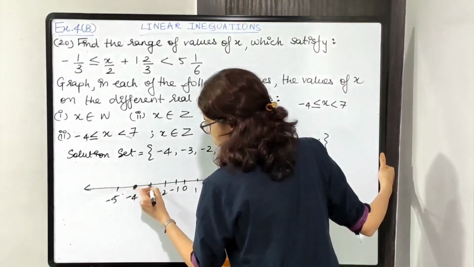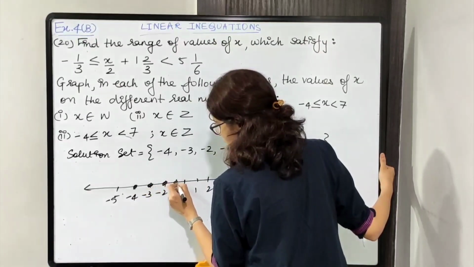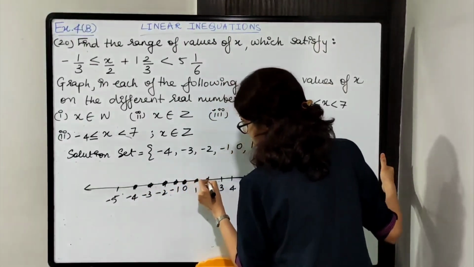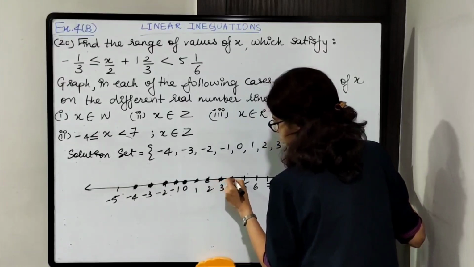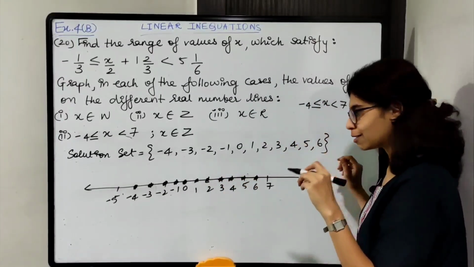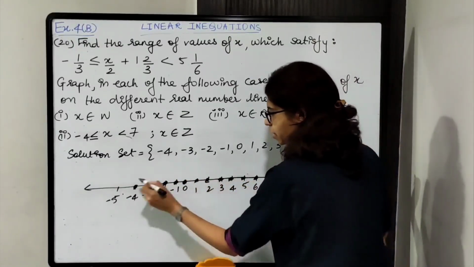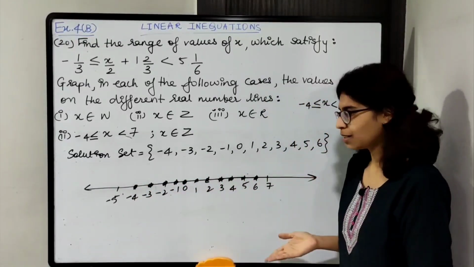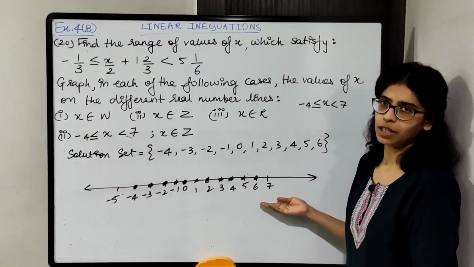So -4, -3, -2, -1, 0, 1, 2, 3, 4, 5, 6. Circle them and fill the circles, okay? So only these discrete values are there, there are no in-between values, okay? So this is the plotting on the number line.